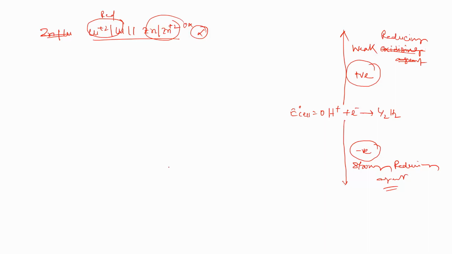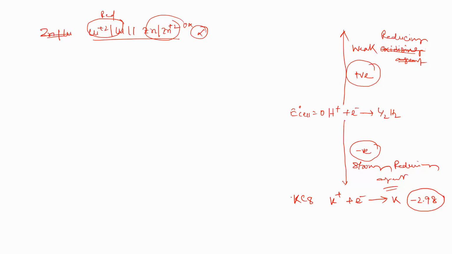For example, take potassium. Here potassium plus takes one electron to become potassium, and the reduction potential value is minus 2.98.